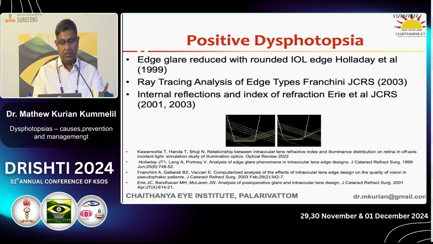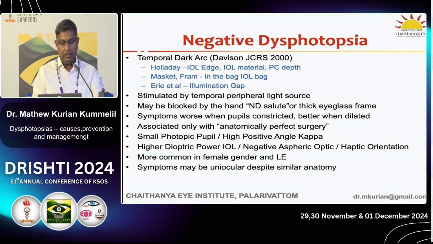Positive dysphotopsia is due to edge glare. Ray tracing analysis of the edge types was done by Franchini, and internal reflection and index of refraction have been described by Erie et al. in JCRS 23. Negative dysphotopsia is essentially a temporal dark arc, and this may be blocked by the negative dysphotopsia salute, keeping your hand there, or by using a thick eyeglass frame.